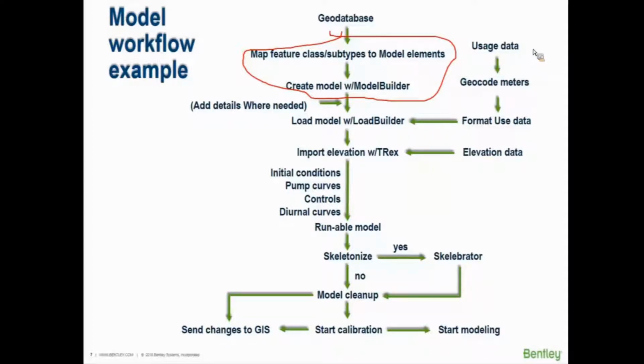And then at the same time, you would possibly have your usage data, your flow meters, geocoded meters. Bring those in because they have an X and a Y format. Do some formatting, whatever you need to do to get the demands to the right values that they need to be to bring them in. Then bring them in with LoadBuilder. And once you have your model and everything loaded, you can apply the elevations.